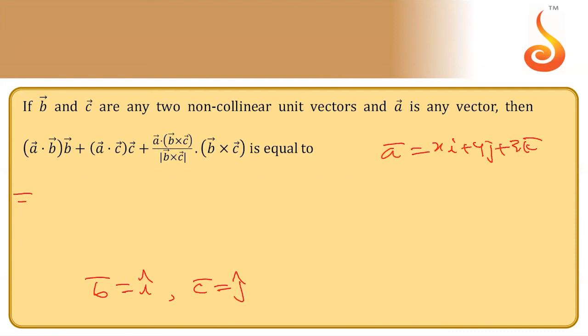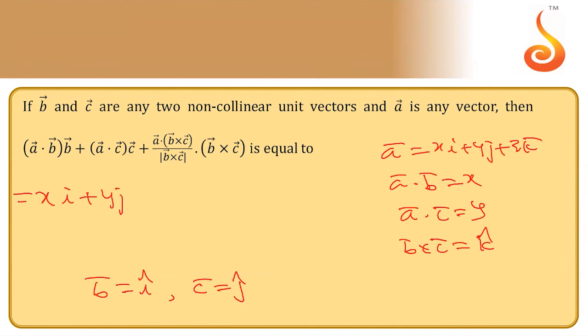So that A dot B is x. Now A dot C means A dot j, which is y. Okay, A dot C is y. That means this is xi plus yj. Now what about B cross C? B cross C is k bar.